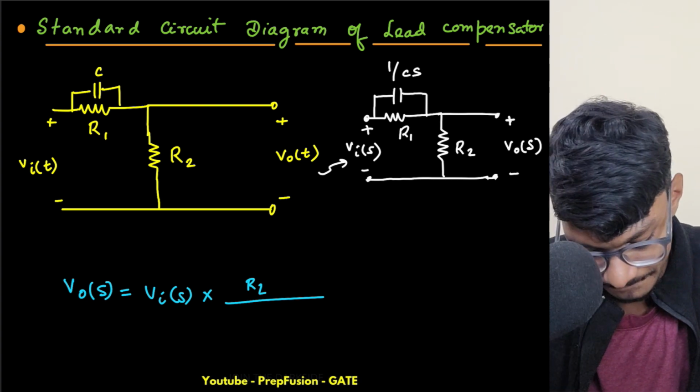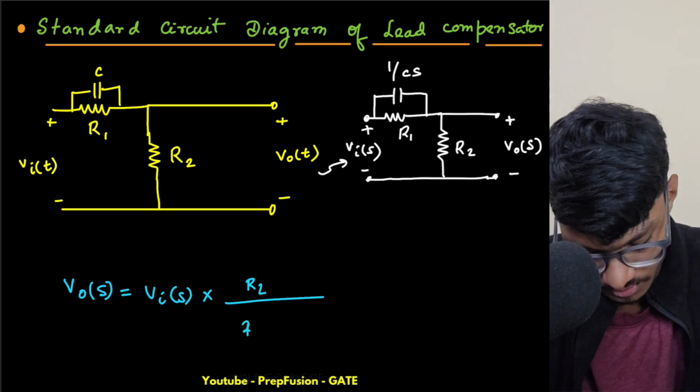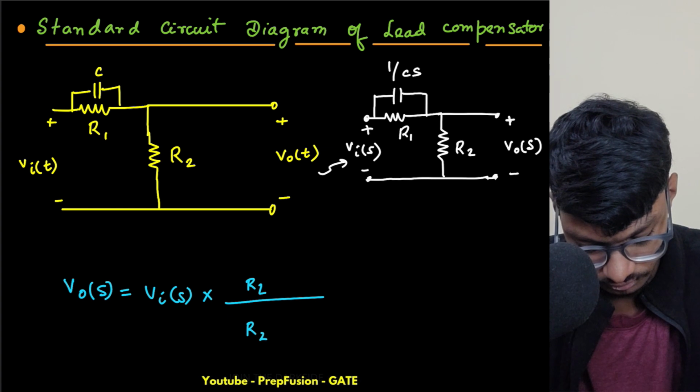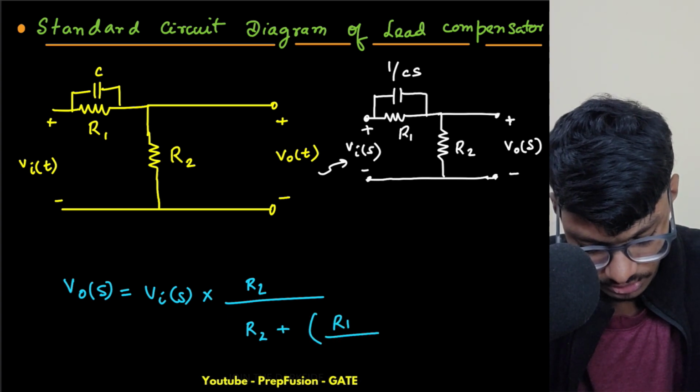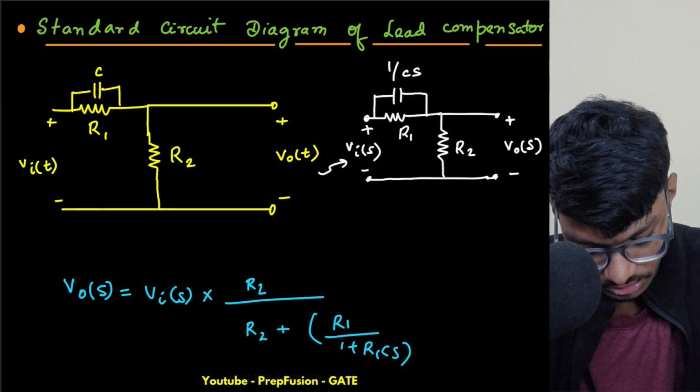So this will be R2 plus R1 divided by 1 plus R1 Cs.